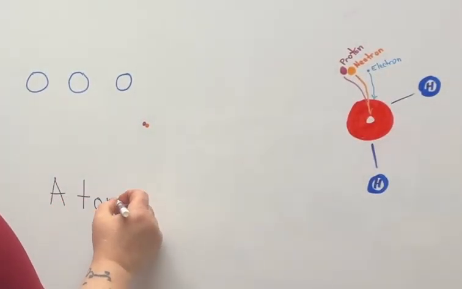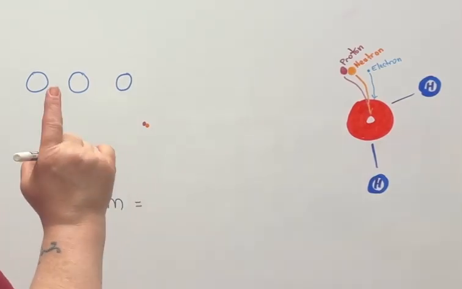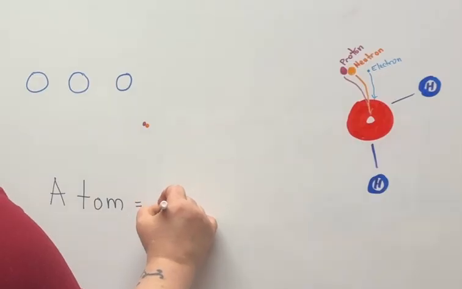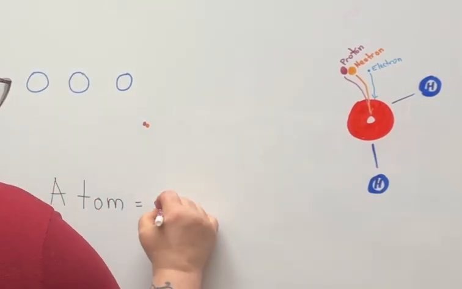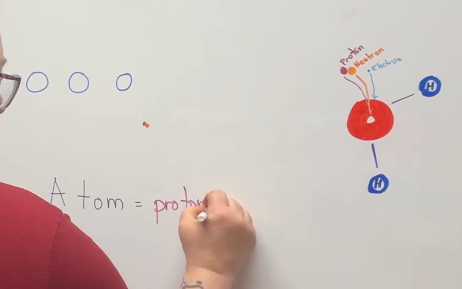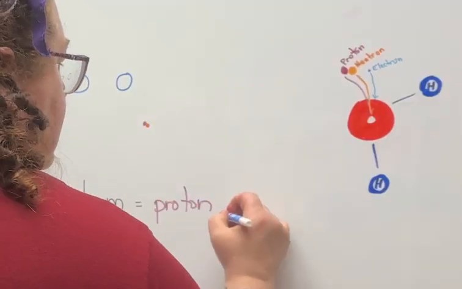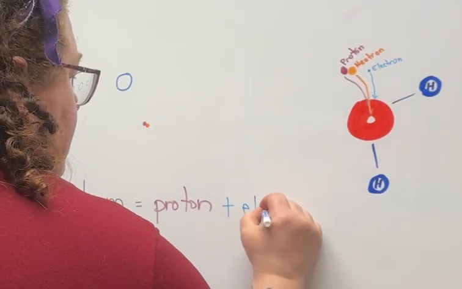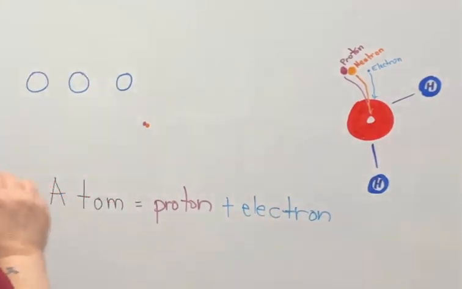An atom consists of, at the very least, a proton and an electron. So a proton plus an electron, that equals an atom.